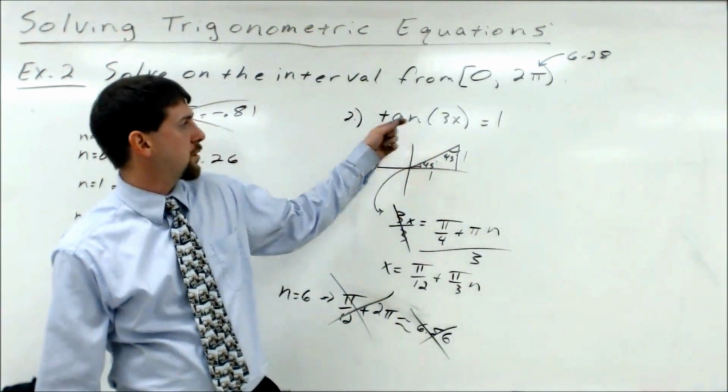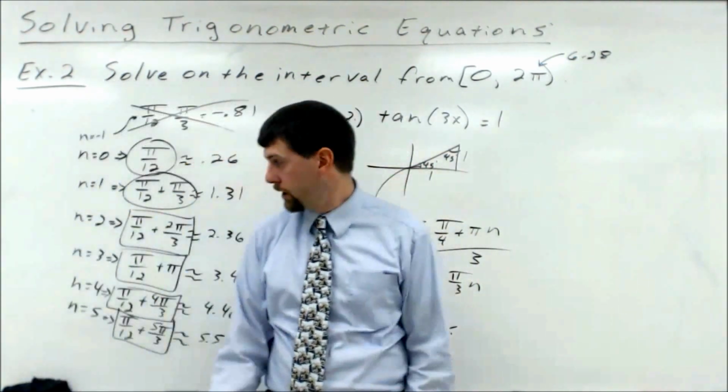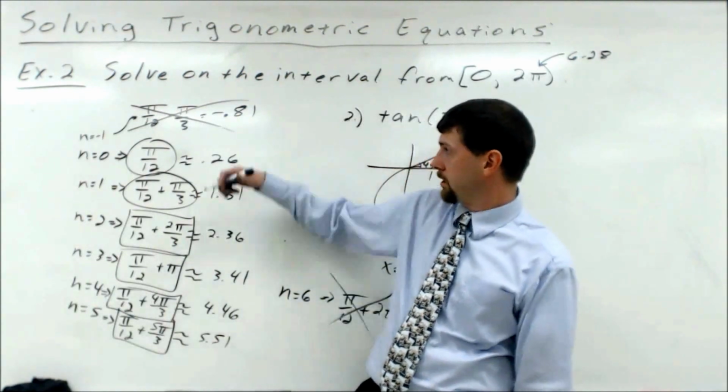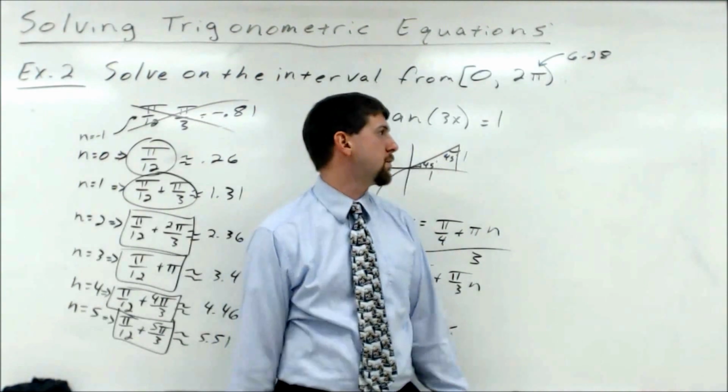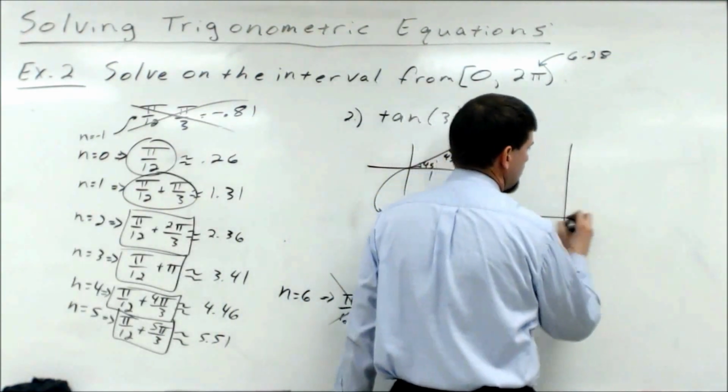So this equation, tangent of 3x equals 1, actually had 1, 2, 3, 4, 5, 6 solutions from 0 to 2 pi. So if we were to look at it graphically, what does that mean?